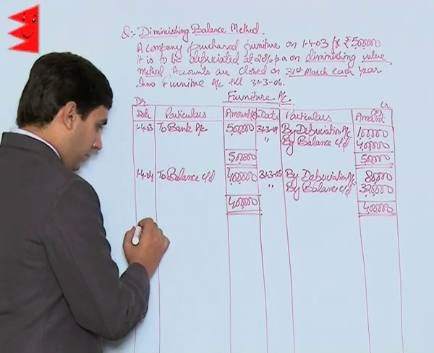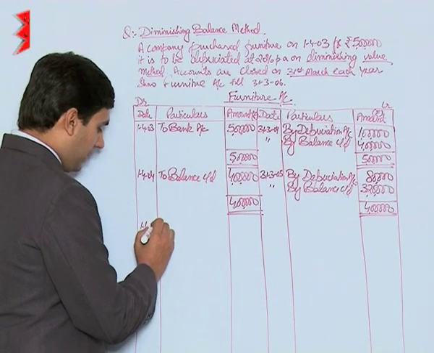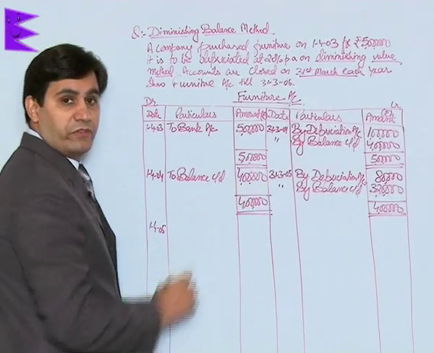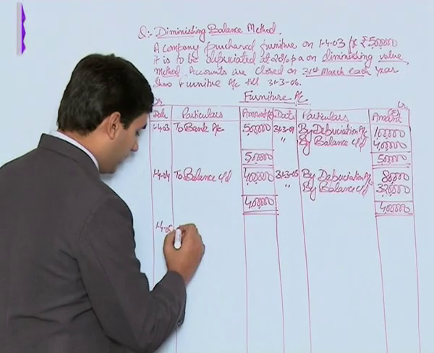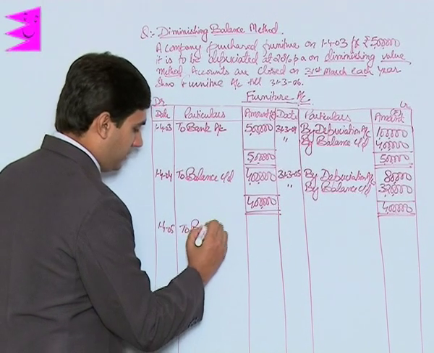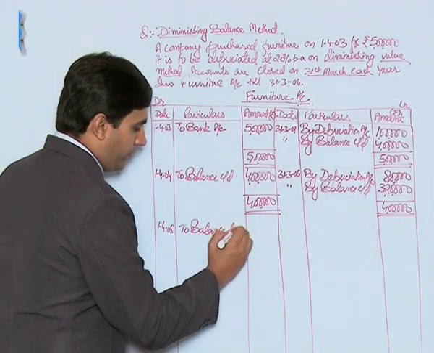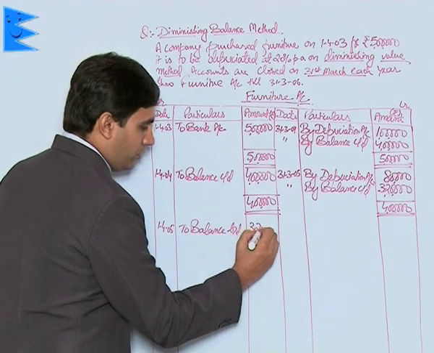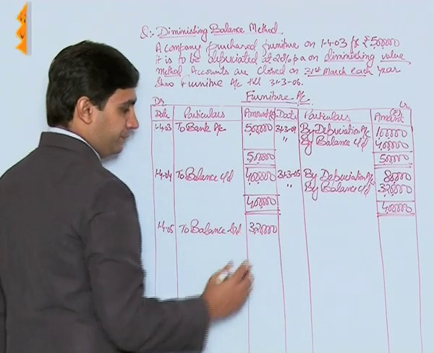Repeating the same thing, it would be brought down as opening balance on 1st April 2005, that is the amount of rupees 3 lakh 20,000 would be to balance brought down 3 lakh 20,000.